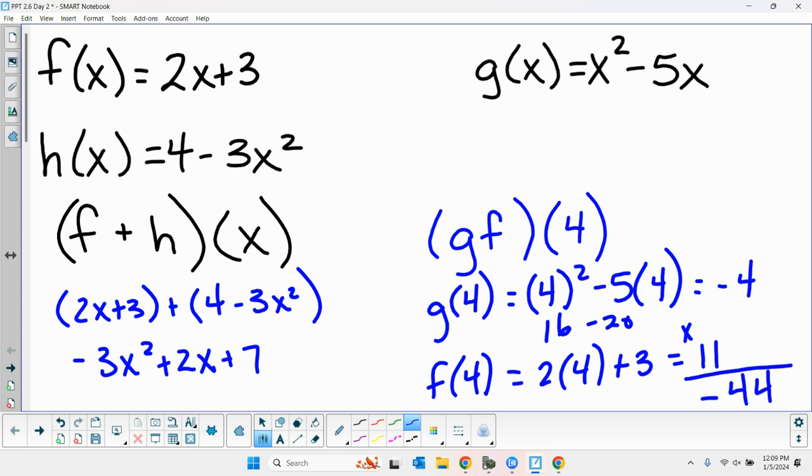I think it's easier on the multiplication ones and the division ones to find the two answers first and then multiply or divide. But like I told you yesterday, if you were listening, you could multiply first and then put 4 in for x for the answer. You'll still get negative 44.